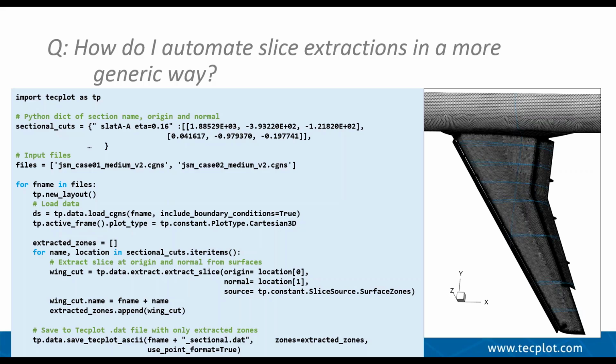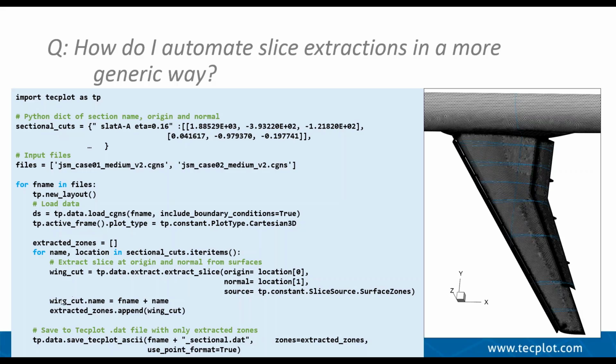From there, we'll go through the sectional cuts list dictionary for the name and location, extract the slice with the origin and normal as defined above, and then we will be slicing through only surface zones. At this point, we'll use the PyTecplot language.